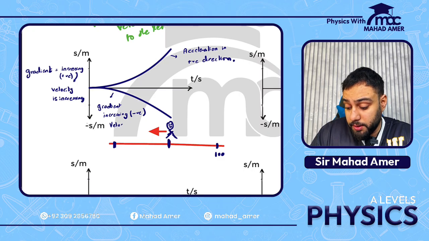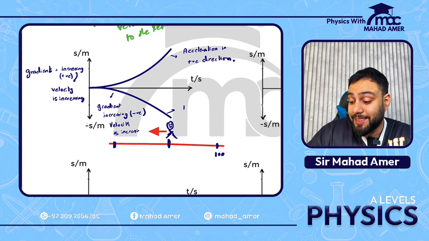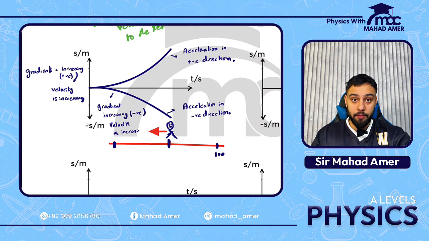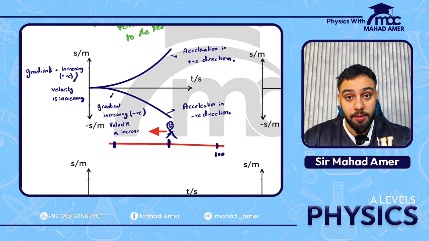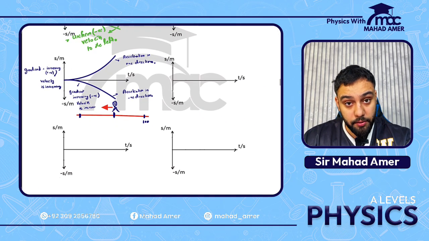Velocity is increasing, you can't say that velocity is not increasing. Increasing negative velocity means the object is moving, and that's acceleration in the negative direction. I hope this makes sense. This is something that should make sense. This is very, very interesting. Okay.